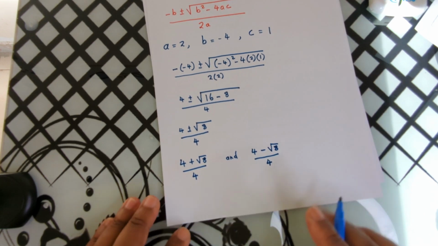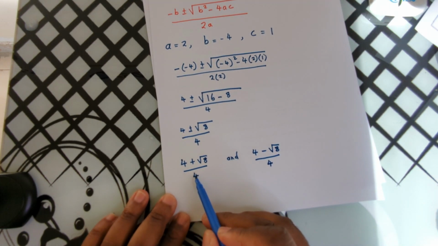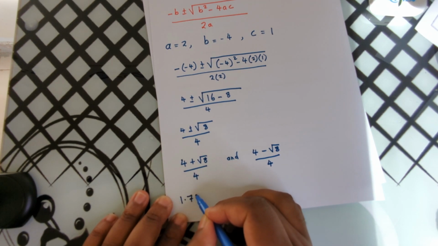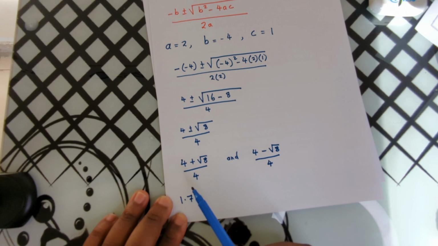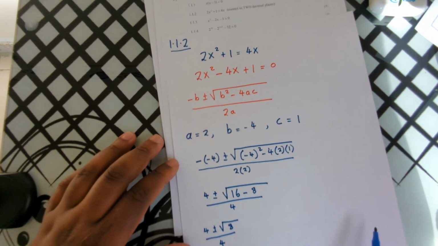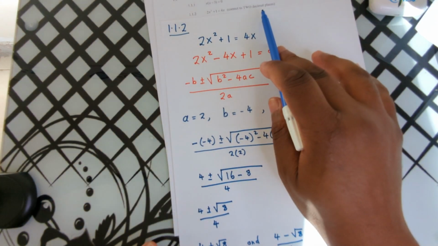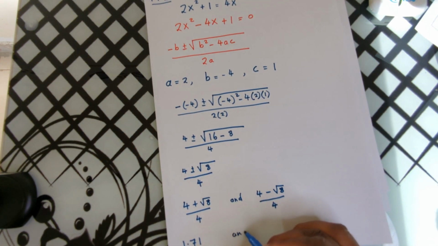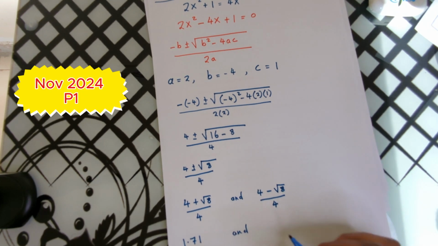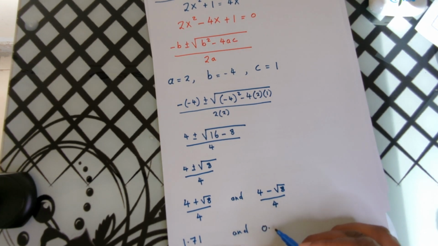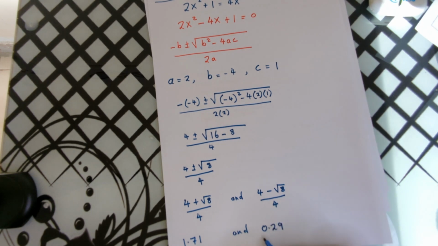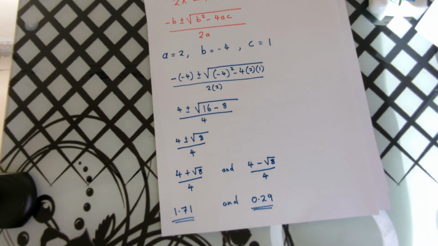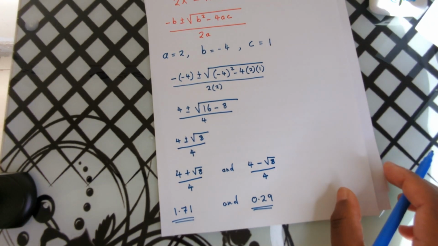If you punch the first one in the calculator, it's going to give you an answer of 1.71 when you round it to 2 decimal places, as the question says. And the second one, when rounded off to 2 decimal places, will give you 0.29. So these are our 2 answers for question 1.1.2.